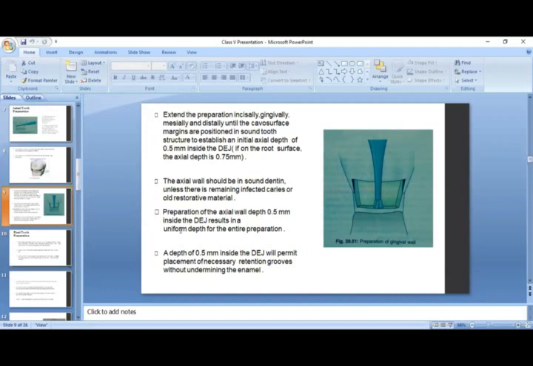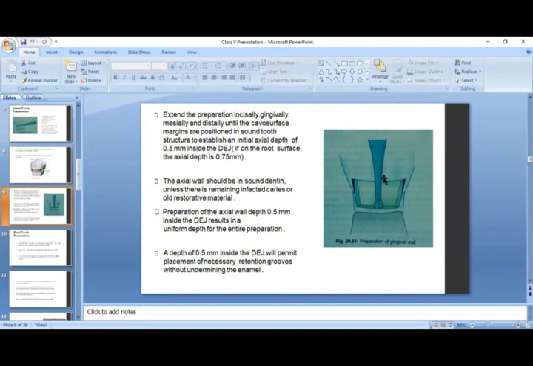Preparation of the axial wall at a depth of 0.5 millimeter inside the dentinoenamel junction results in a uniform preparation for the entire restoration. What does uniform preparation mean? Uniform preparation means that all of the preparation should be very uniform. Uniform means that it should be smooth.